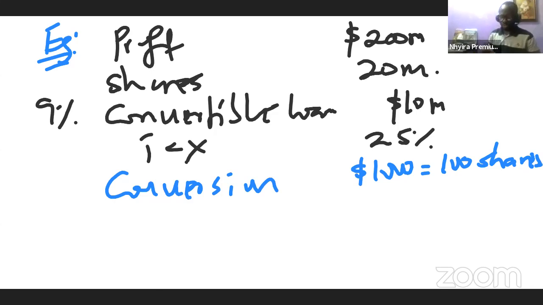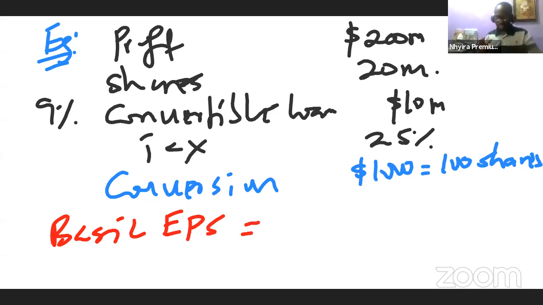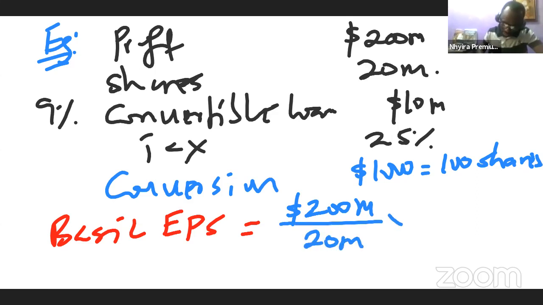Like I told you, always, even before we calculate the diluted earnings per share, we need to calculate the basic earnings per share. So what are the earnings that the shareholders currently have? They currently have 200 million over 20 million times 100. That should be 200 over 20 times 100.